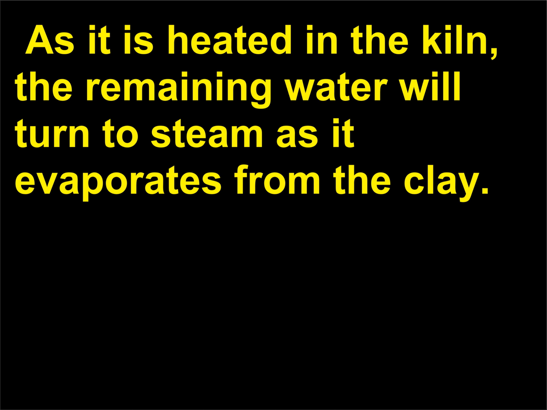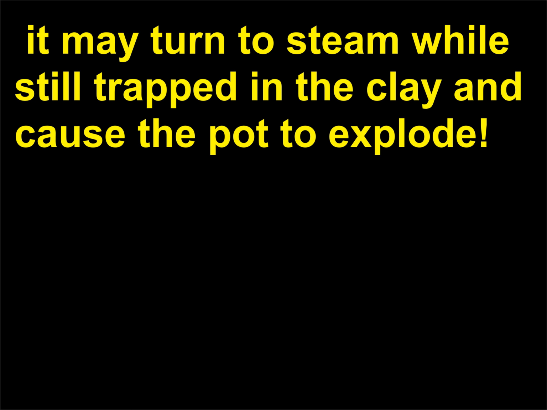But there will still be some trapped inside the clay. As it is heated in the kiln, the remaining water will turn to steam as it evaporates from the clay. If it is heated too fast, it may turn to steam while still trapped in the clay and cause the pot to explode.